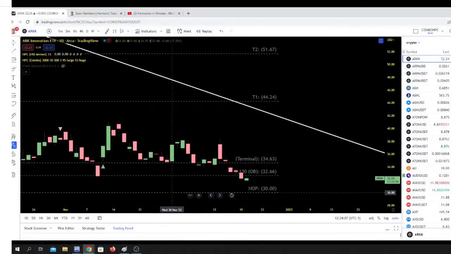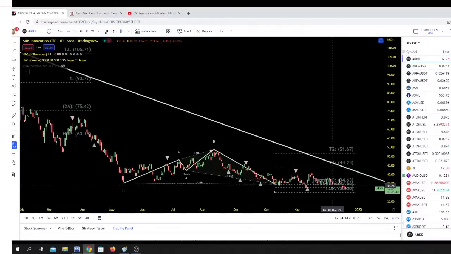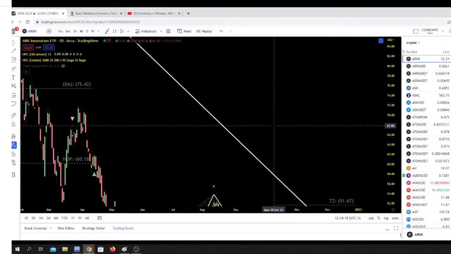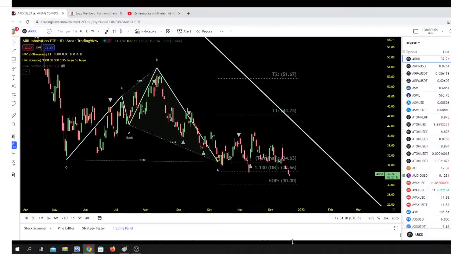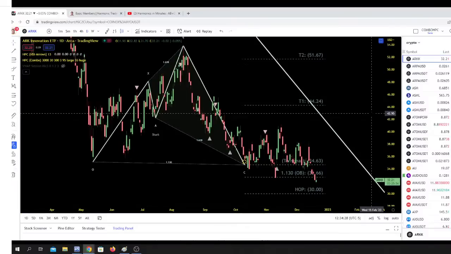Here's ARK. ARK setting up. It's ARK with the shark. Okay, good old Kathy Wood, our friend. But what's going on here? Not a whole lot of productive, constructive stabilization.